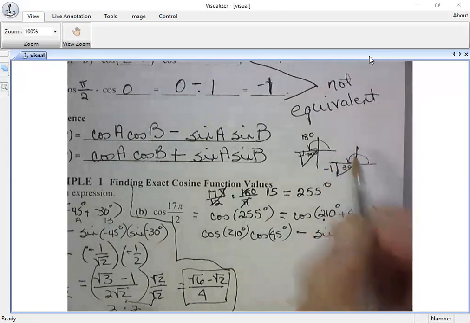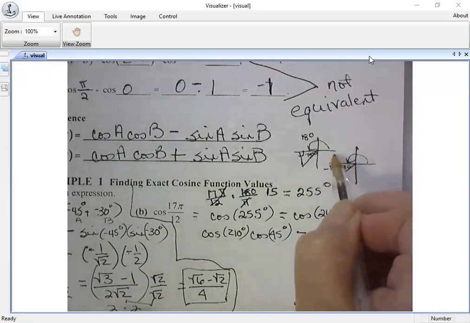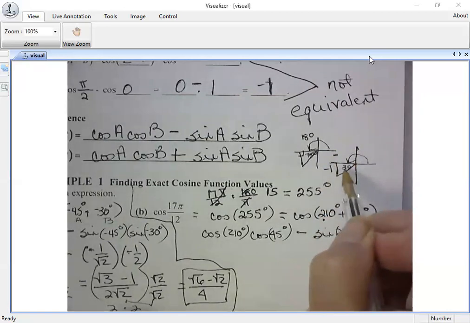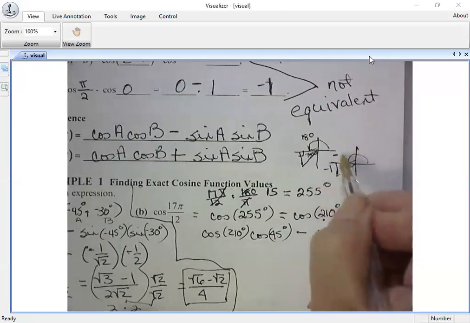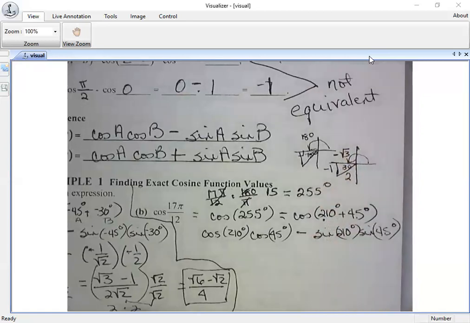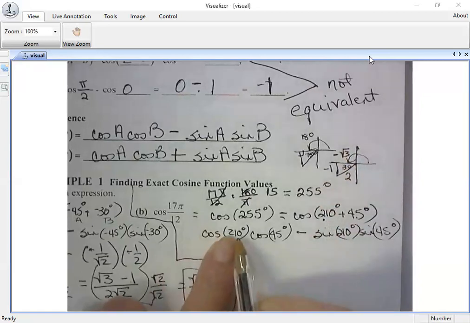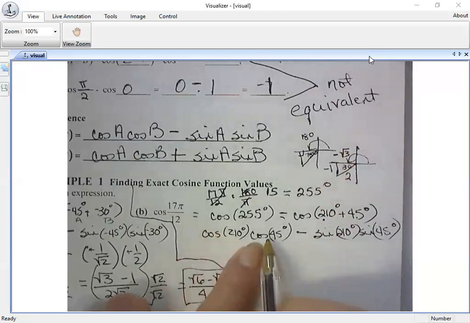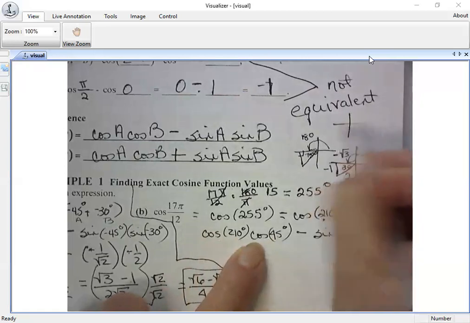Negative 1. And that would mean that this side length is negative what? Oh wait, it's a 30. Negative square root of 3. Hypotenuse will be 2. Okay, good. So that's what I'm going to need for the 210. On a cosine of 45, since that's first quadrant, remember 45 is a 1, 1, square root of 2, right?